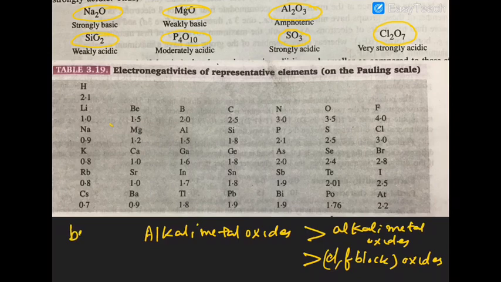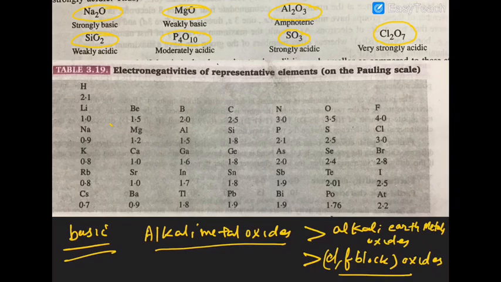This is about the basic strength order. So alkali metal oxides form more basic oxides than alkaline earth metals, and alkaline earth metals are even stronger than the D and F block oxides.